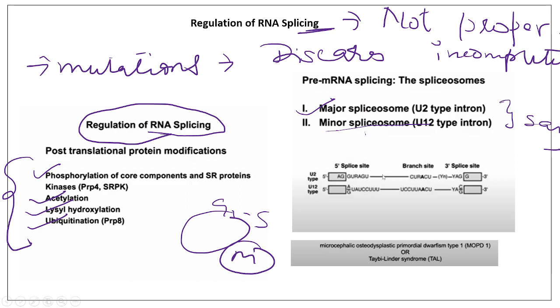Okay. So now, major spliceosome has U2 type of introns, whereas minor spliceosome has U12 type of introns. You can see that here it has to be AG, here it can be A or G, here it can be C or G. I mean AUGC, that we have studied, at the 5 prime splice site or 3 prime splice site.